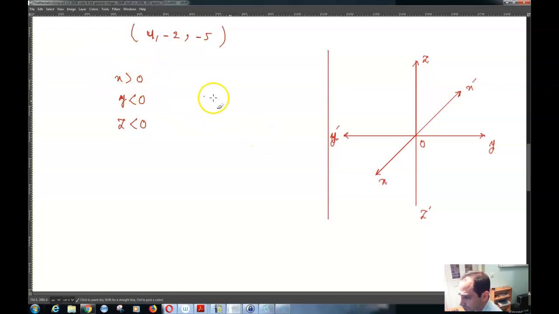So since your x is positive, you are to the front of the YZ plane. Since your y is positive, you are to the right of the XZ plane.